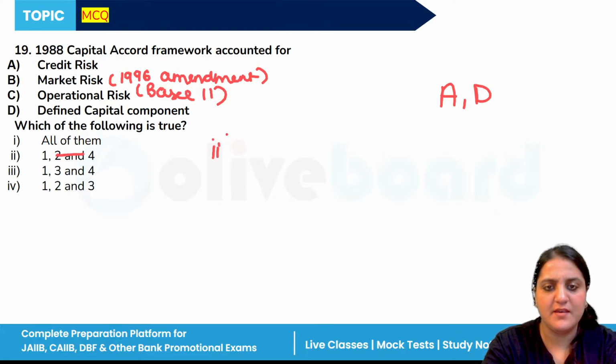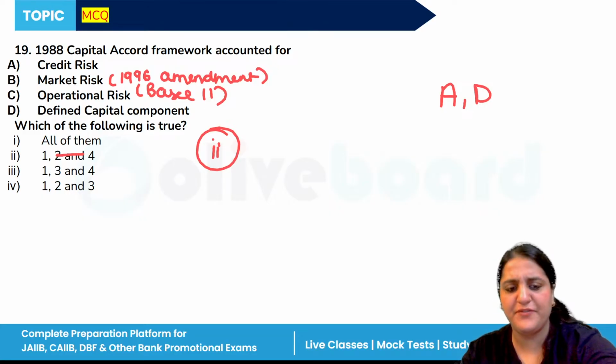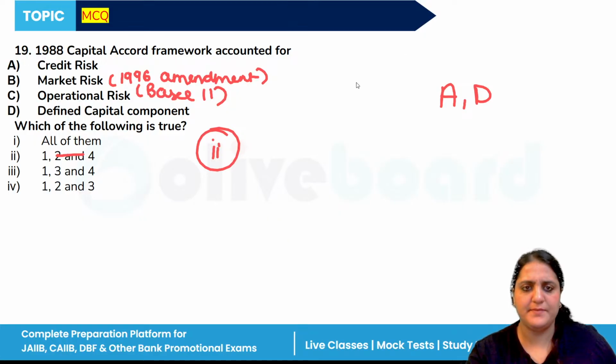Option second is not correct because market risk and operational risk are completely different in this, but we can say the correct ones are credit risk and defined capital component. But in 1996 they started addressing the market risk, so this answer is correct.